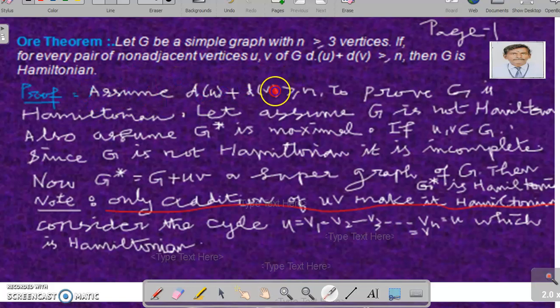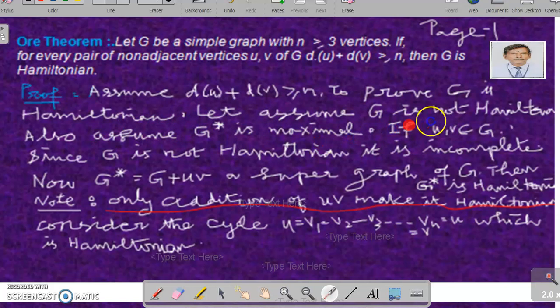First, I am assuming that d of u plus d of v is greater than or equal to n, and n is greater than or equal to 3. Now what we have to prove is that G is Hamiltonian.